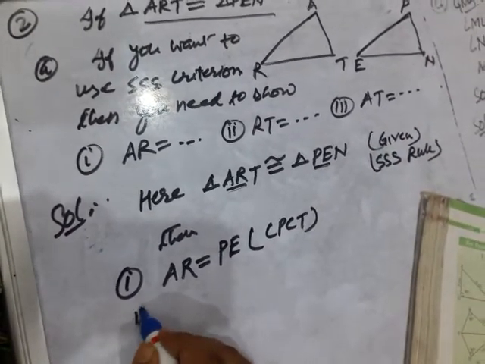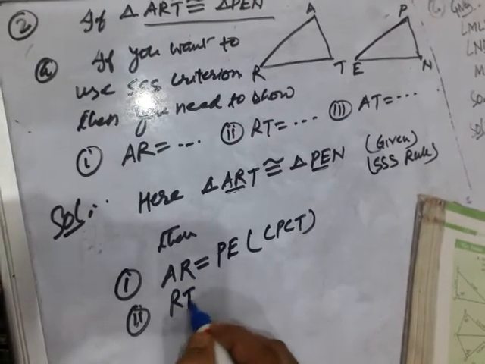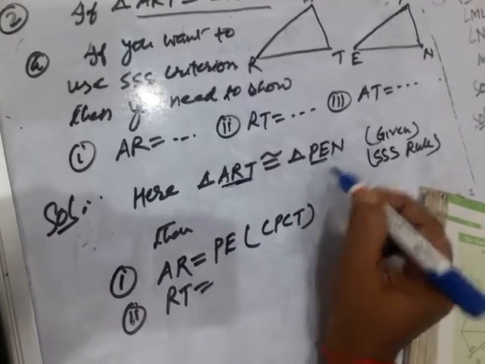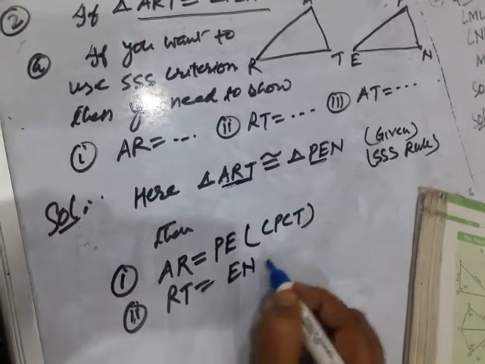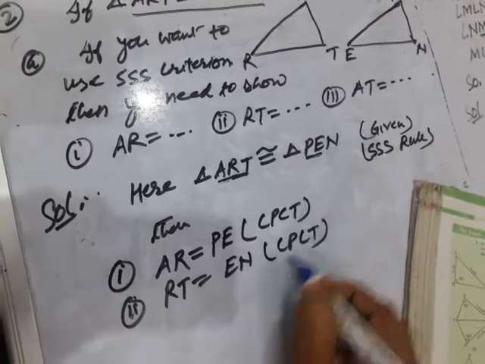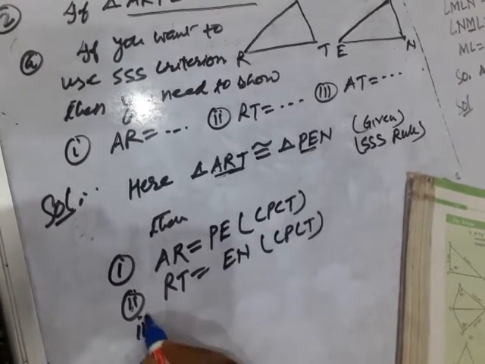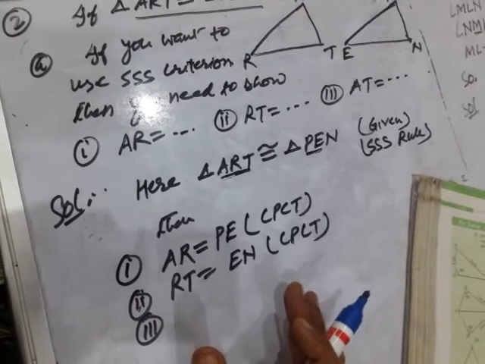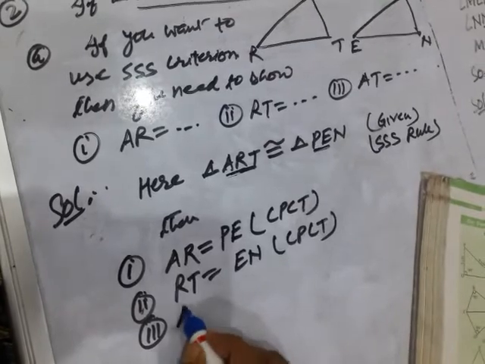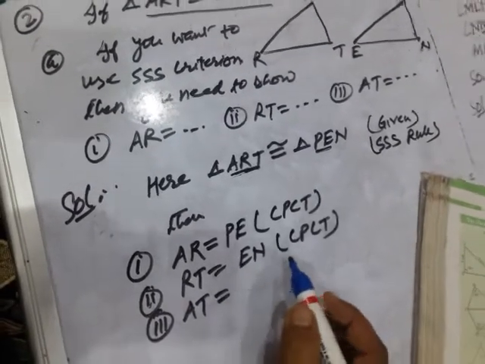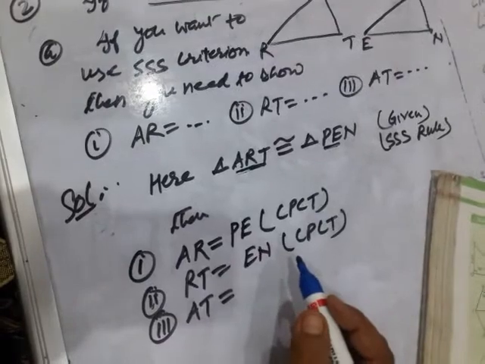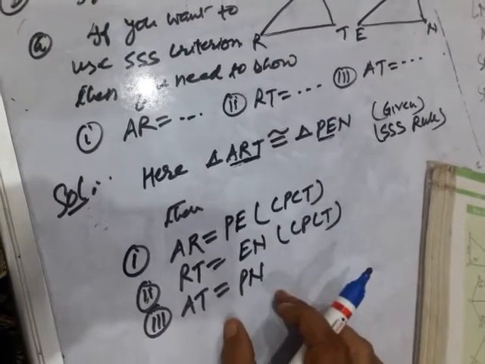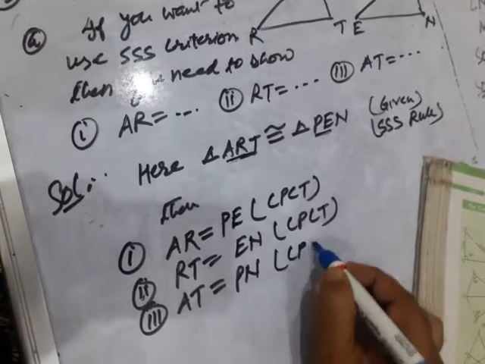Second one is RT equal to the last two, that is EN, RT equal to EN, again CPCT. Okay children. Third part is your AT, and AT equal to PN, right? This is also CPCT.